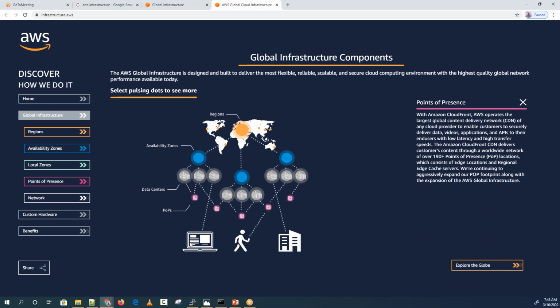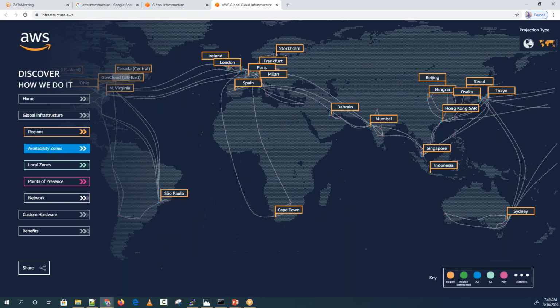When users access the application, they will be able to access it via your point of presence. When you want to configure something, you can directly configure things on your availability zones. You can also interconnect your data centers to the Amazon regions, to the specific availability zones. Okay, that is also possible. Now that becomes a kind of extended data center.